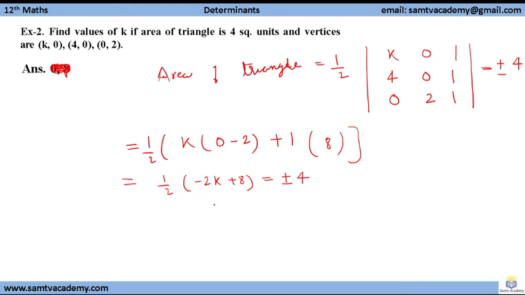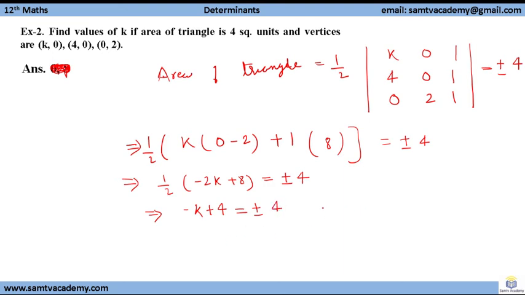If we cancel the 2, what we are left with is minus k plus 4 equals plus minus 4.